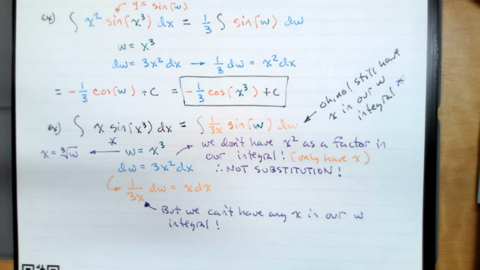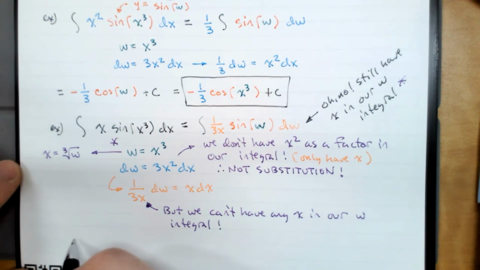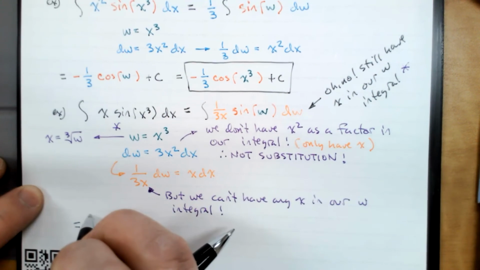Still focused on what we want to have happen, I will just turn this around and say x is a cube root of w, which is an excellent suggestion because you're still focused on what we are trying to make happen, an all w integral. The problem is the all w integral we end up with, I'm going to take out the 1/3.